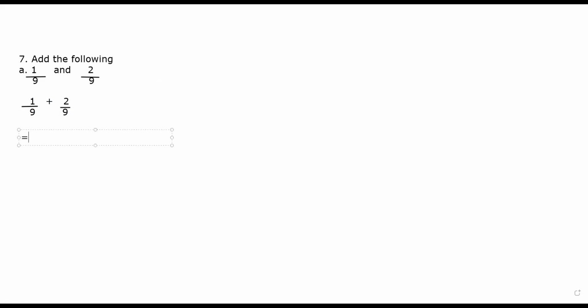Now what do we have to do? This is the equal sign, and this is 1 upon 9. Note that all the denominators are the same, so we just simply write down this step, 1 upon 9. We just need to put the bar here, write down this denominator 9 and add the numerators as well, that is 1 plus 2.